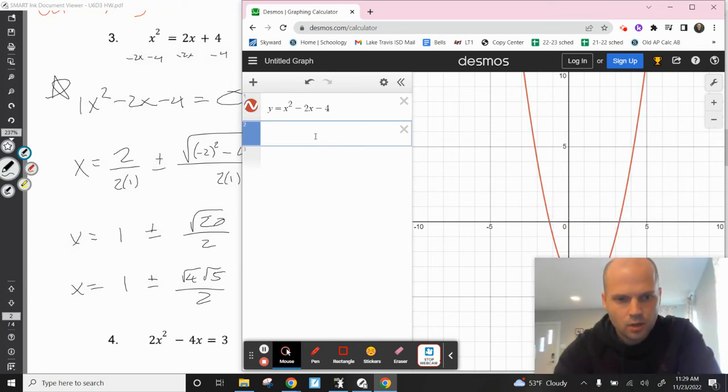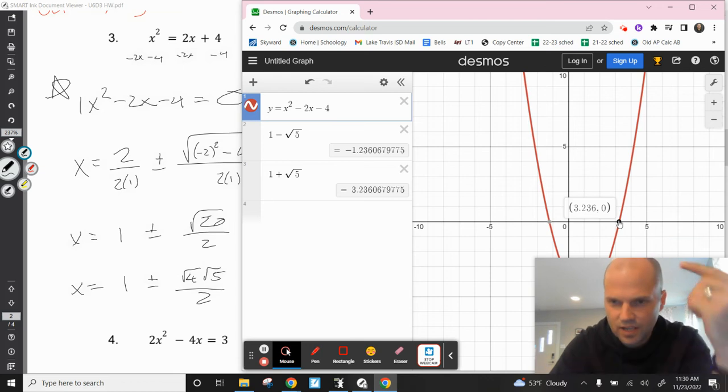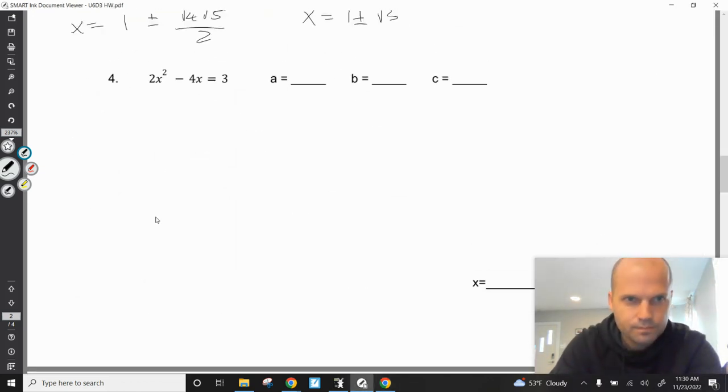I'm just going to do it here. 1 minus root 5, negative 1.236. 1 plus root 5, 3.236. We are finding the locations of the x-intercepts using the quadratic formula.